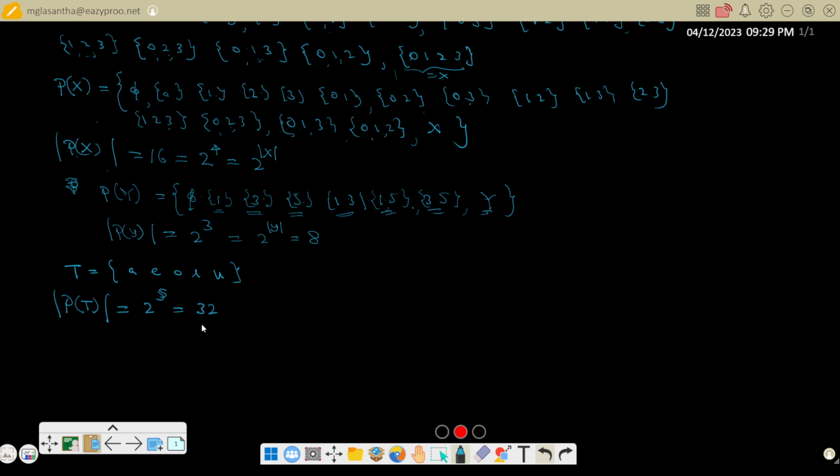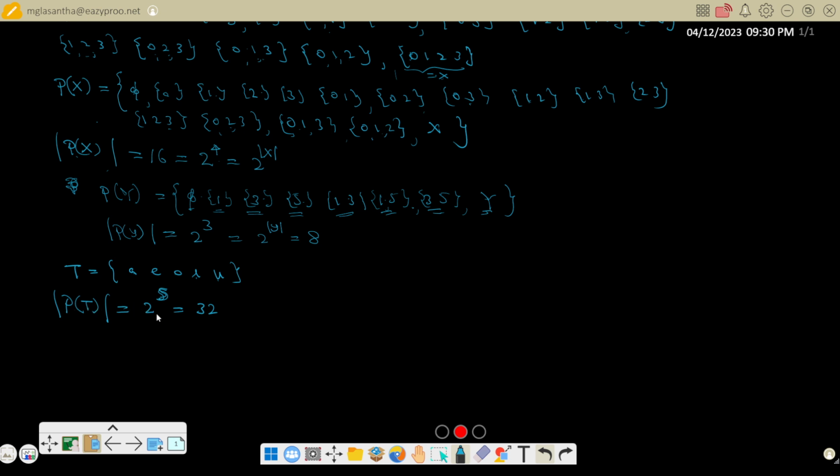Very difficult, no? What is 5, sir? 5 is 1, 2, 3, 4, 5 elements. That's why 5. That is the cardinality of the power set.